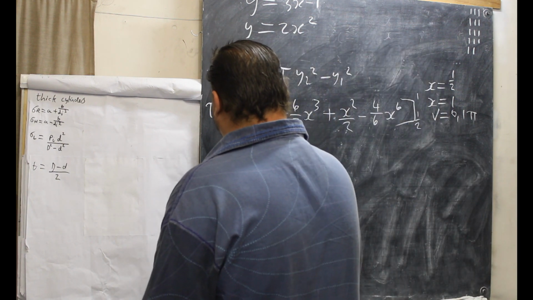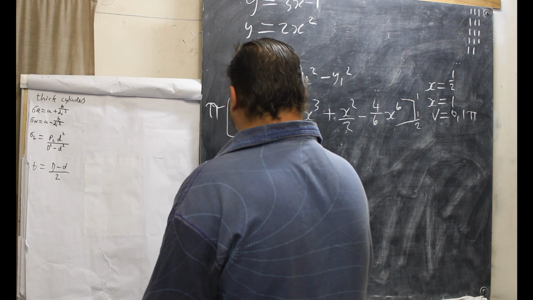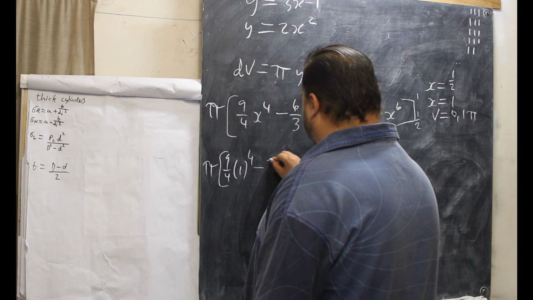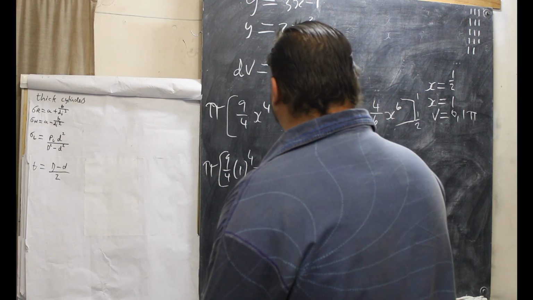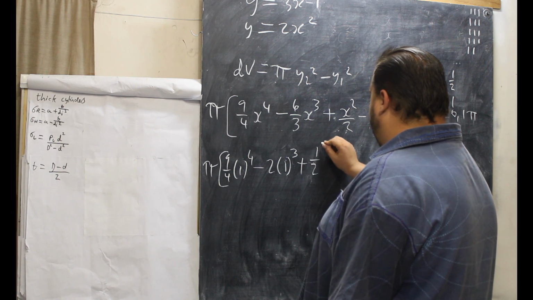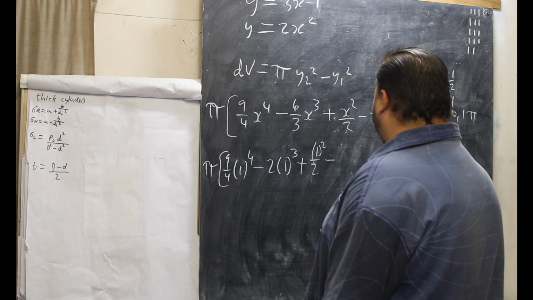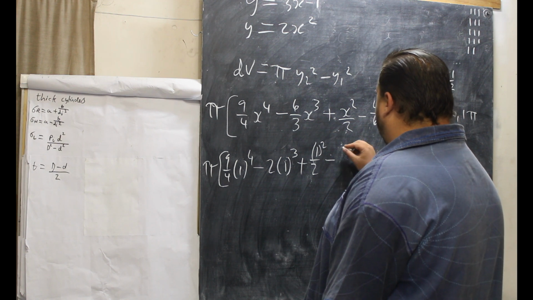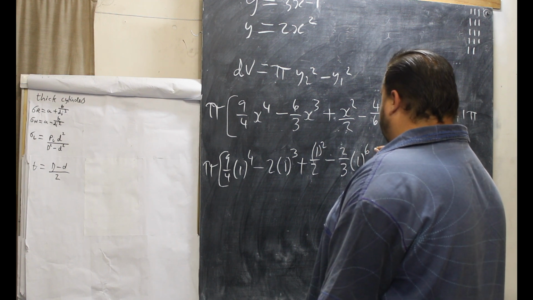So pi times 9/4 times 1 to the 4 minus 6/3 is 2, so 2 times 1 to the power 3 plus 1/2, 1 squared over 2 minus 4/6, which is 2/3, 2/3 times 1 to the 6.